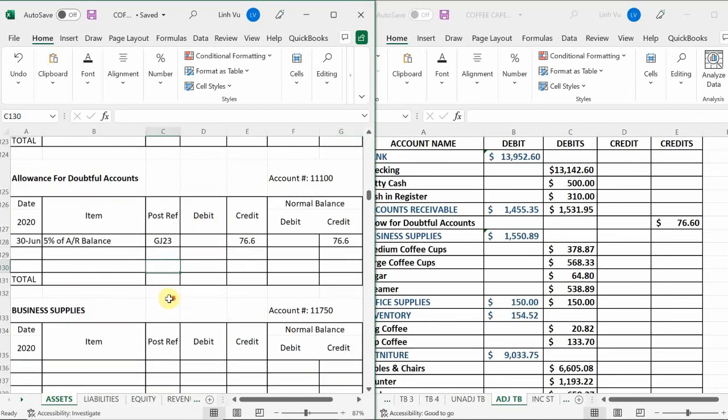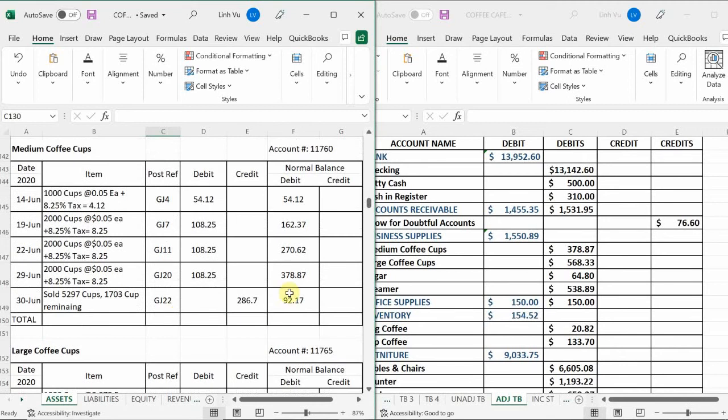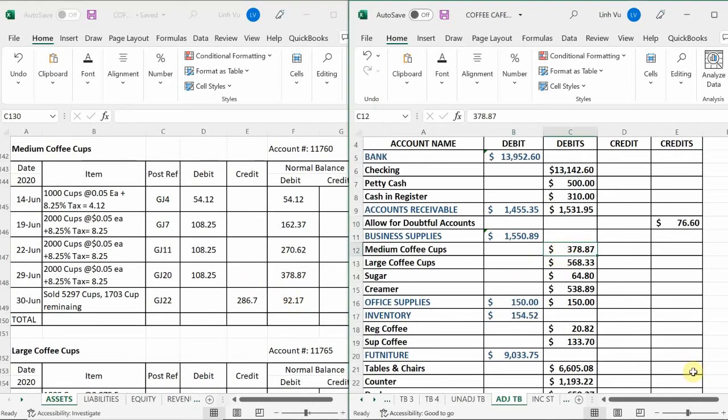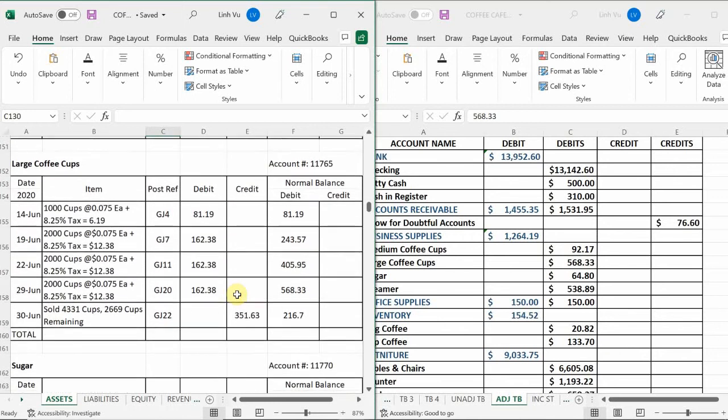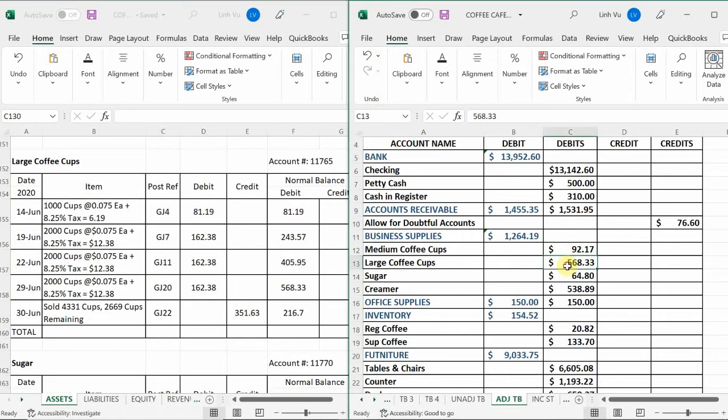So then business supplies. We made adjustments to this. So in this case, we have $92.17 of the medium cups left. We also have $216.70 left of my large cups.